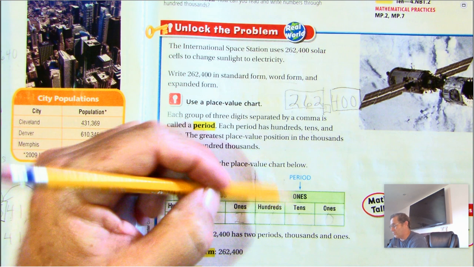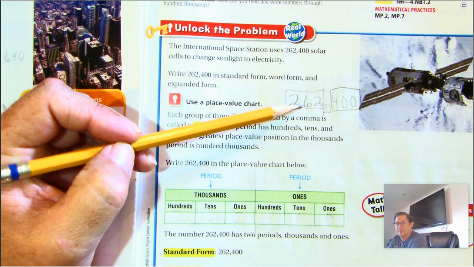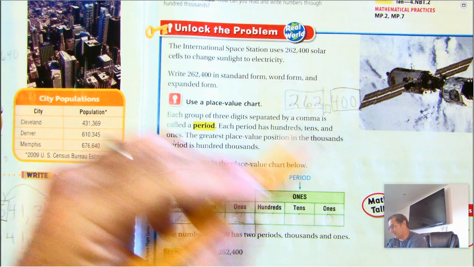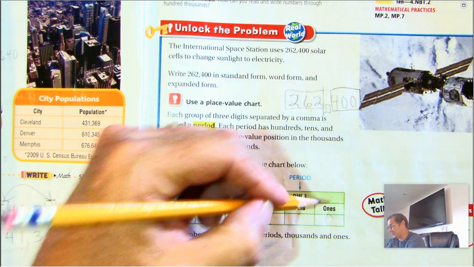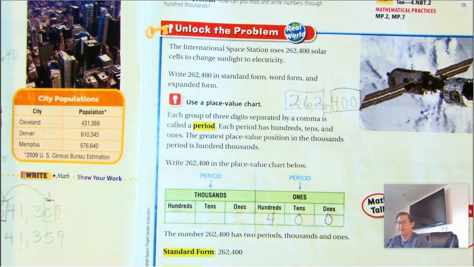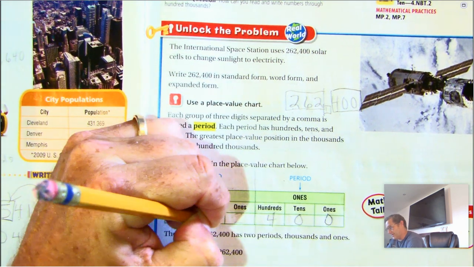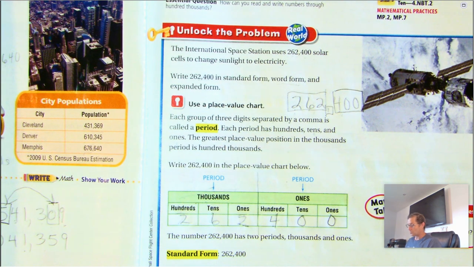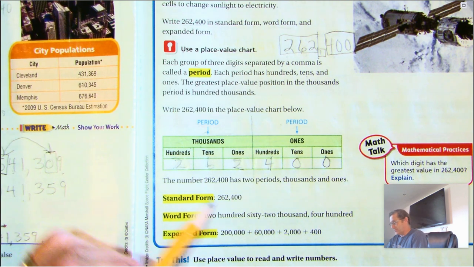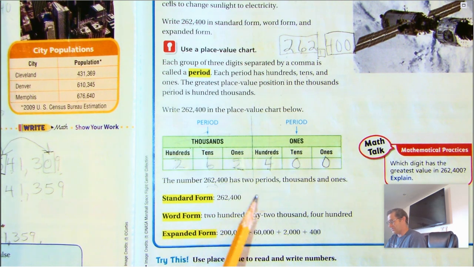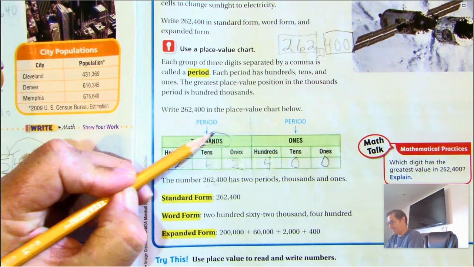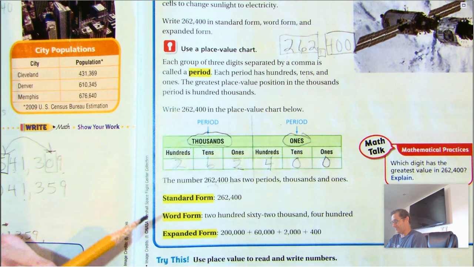So we're going to put the digits of this value in each of the place value spots. We're going to have 400 from that number, and then I'm going to write 262. And so this number, 262,400, has 2 periods. It has the thousands period, and it has the ones period.